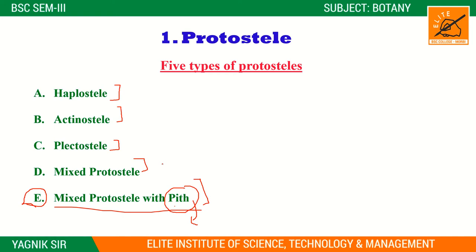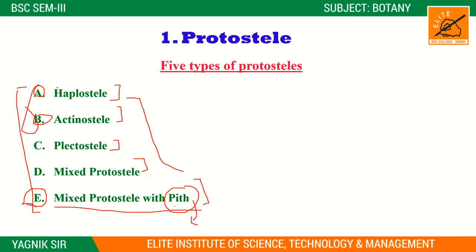So now we can see what a haplostele is, which type of arrangement the haplostele has, and how to differentiate these subtypes, right? Because all have different types of arrangement of the protostele, right? So every stele type has a different arrangement of the xylem and the phloem, right?